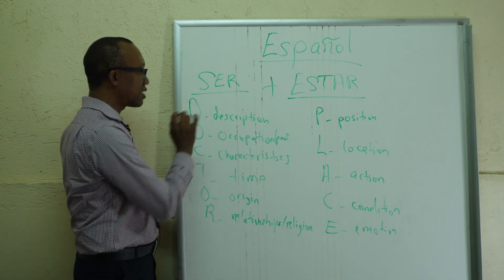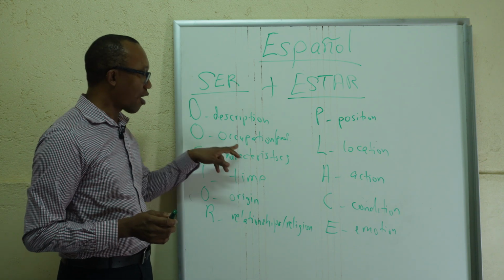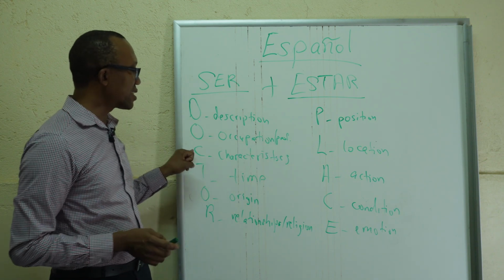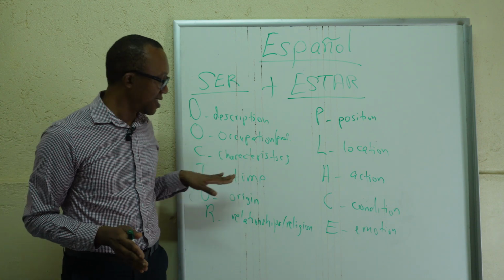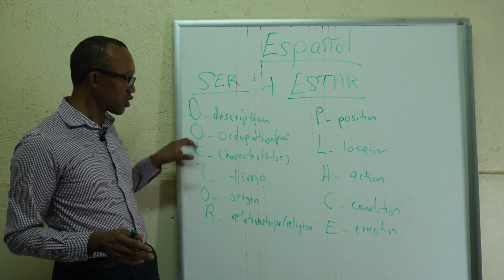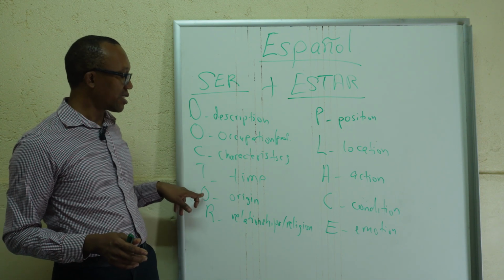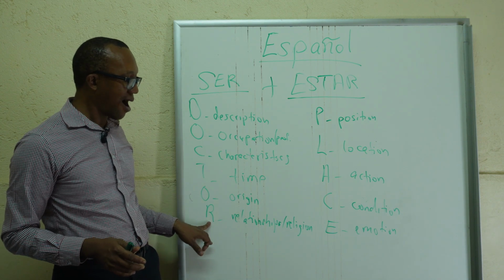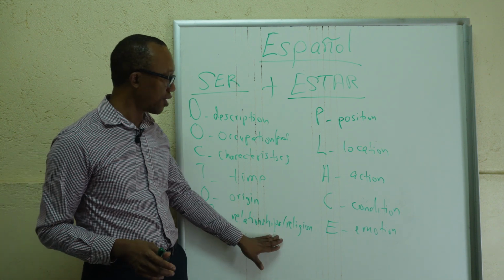And so the D stands for description. The O, occupation or profession. The C for characteristics. The T for time. The second O, because you notice it's two O's, DOCTOR. So the second O for origin, and finally the R for relationships or religion.